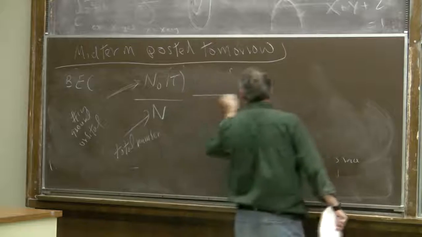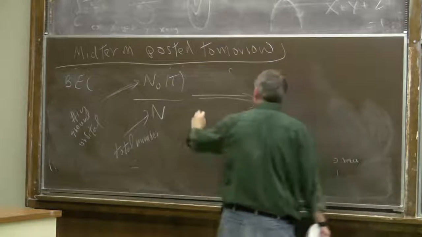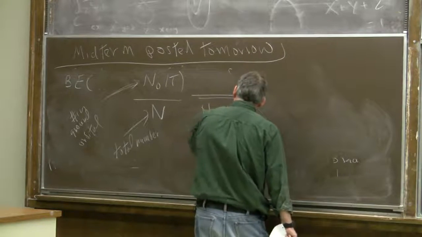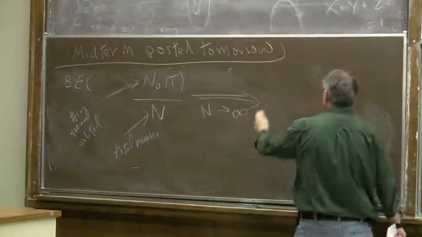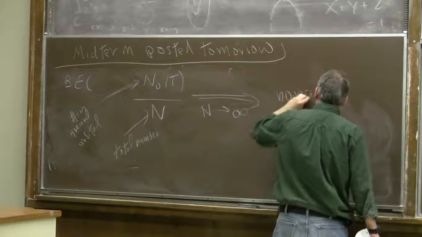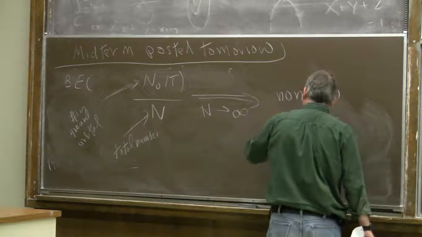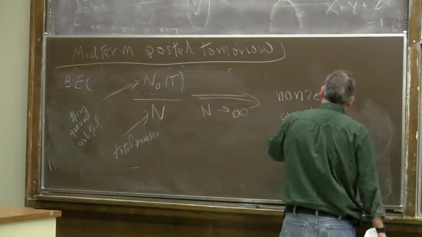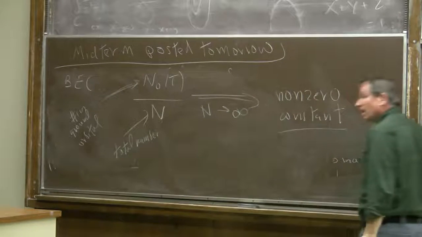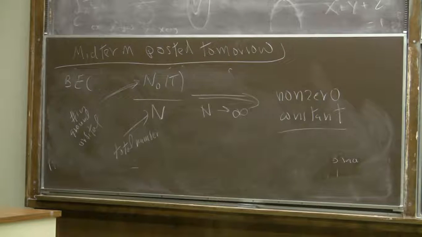And then imagine taking the limit of a large system. So if this is a non-zero constant, if it doesn't go to zero as N goes to infinity, that's a Bose-Einstein condensate. Some fixed fraction of all the particles are in the lowest orbital. Okay?